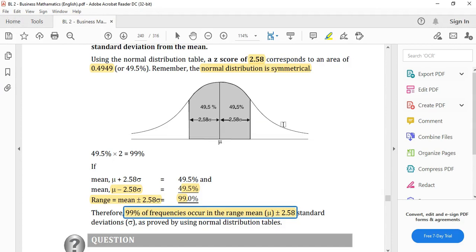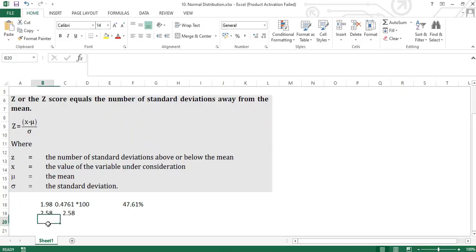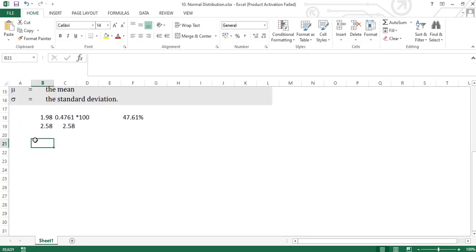And if it's a z-score of 2.58, then you first of all must find what probability the z-score 2.58 gives based on the normal distribution table. So that will be step 1, right? So I will put finding frequency probability ranges.